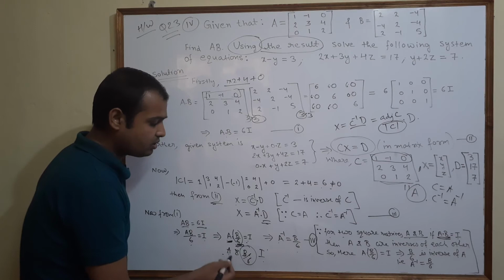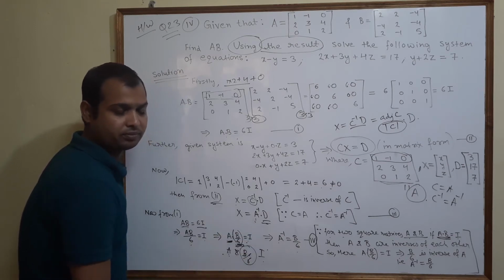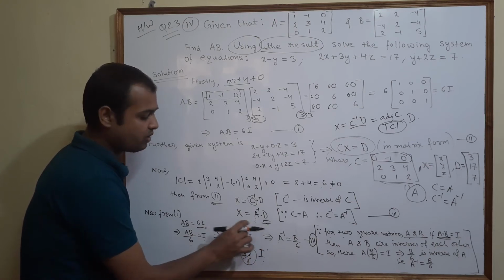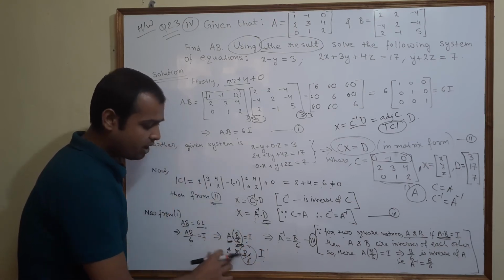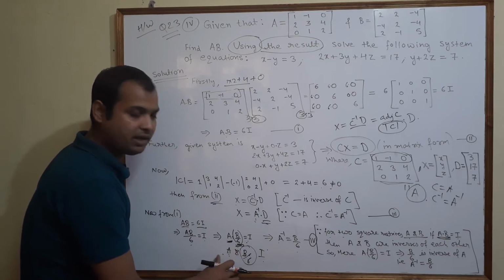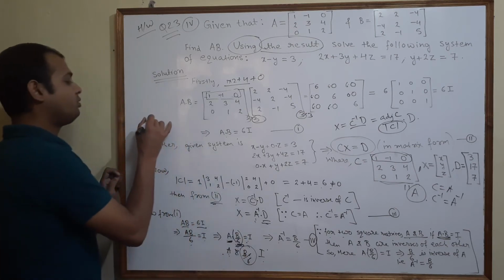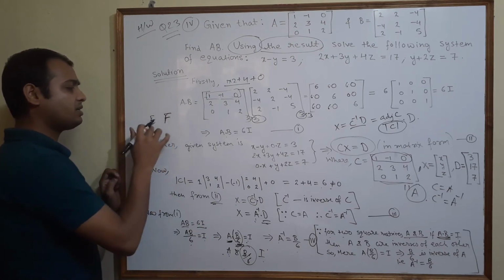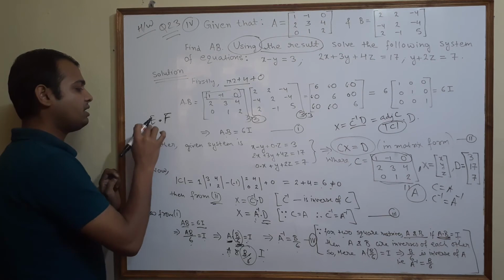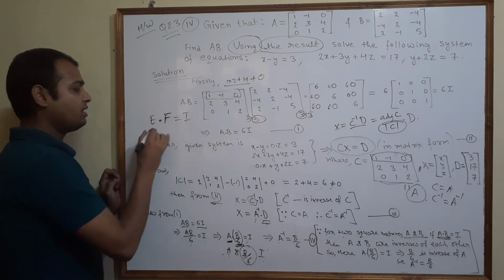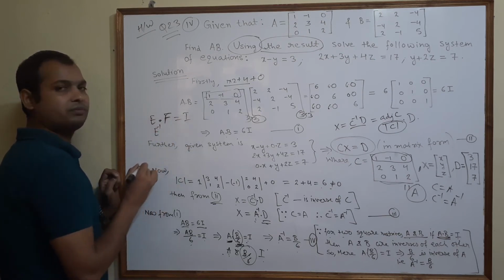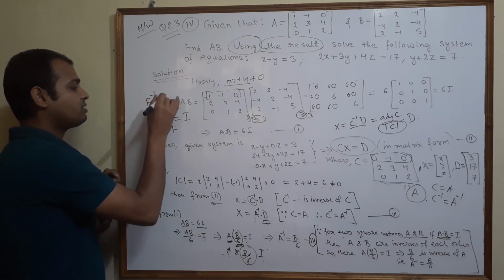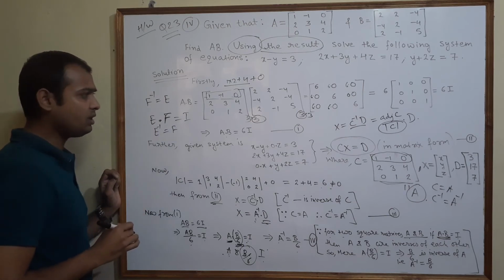And this is what we are looking for in this formula. We need A inverse to find the x. So we got our A inverse, and that A inverse is B by 6, because if you have two matrices, let's say E and F, and you find that E into F is coming I, that means inverse of E is equal to F, or you can say inverse of F is E. Clear?